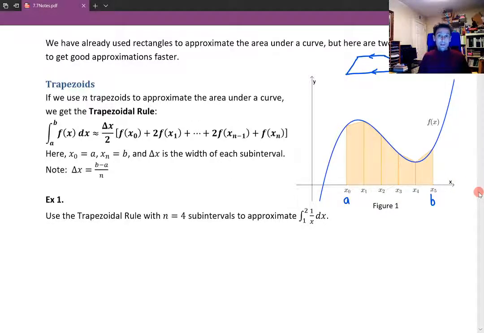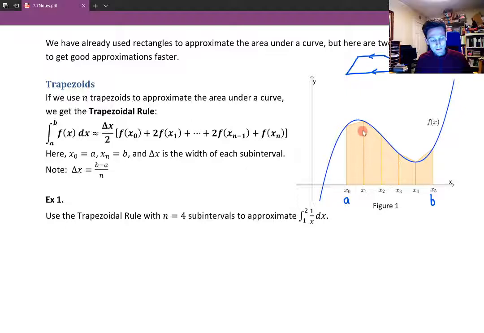You can see that the trapezoids are made by plugging in the x values at the beginning and the end of each subinterval into the function. To figure out the lengths of the parallel sides of this first trapezoid, we plug in x sub 0, so f of x sub 0 would be that first trapezoid's side length, and then x sub 1, plug that into the function to get f of x sub 1.